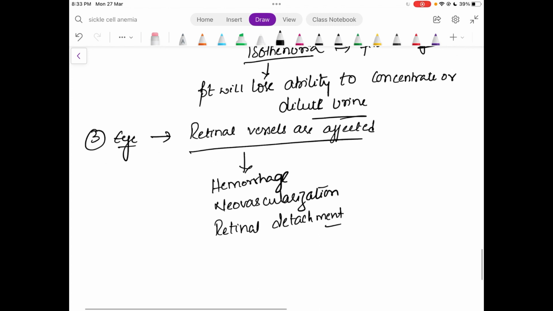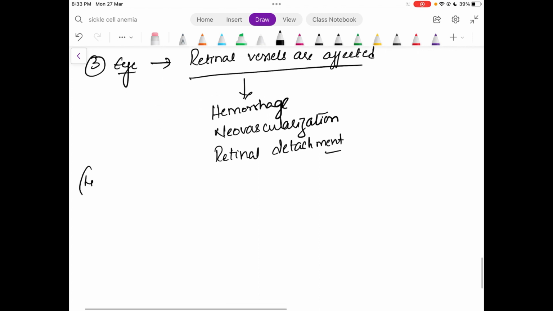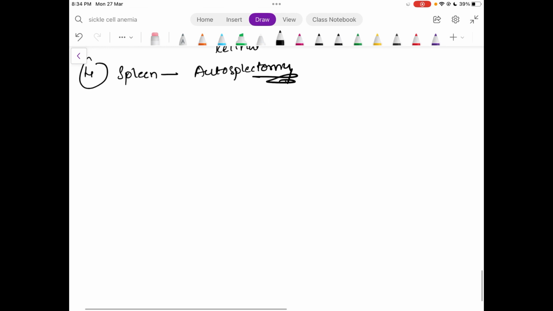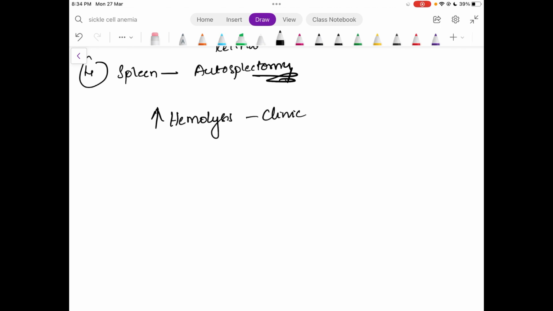The retina will come out and they will have loss of vision. And in the spleen, they will have autosplenectomy. These are the symptoms which are seen due to vaso-occlusion. And we will see the increased hemolysis clinical manifestations.